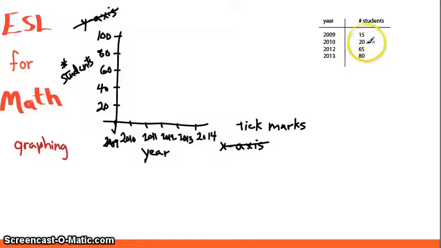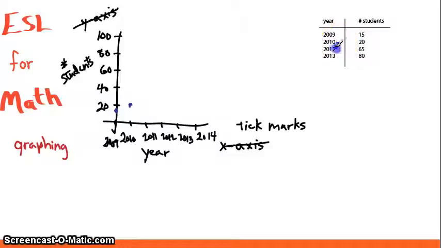Okay, we have 15, 20, 65, and 80. So what we need to do for the year 2009, we find 15 students. So I go 2009, this would be 20, so it's a little lower than 20, and I need to make a dot right there. Then 2010, I have 20 students. I go to the year 2010, I go up to 20, and you have 20 students.